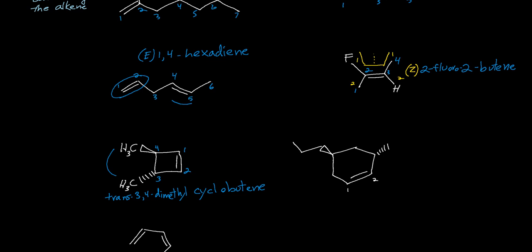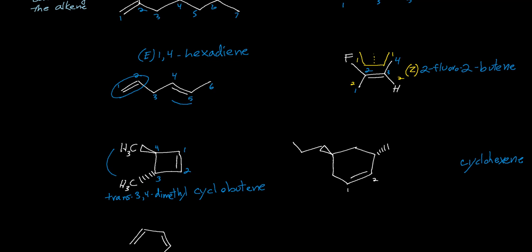Here's another molecule that has trans groups on it. It's a cyclohexene. Always start with the parent name first. Cyclohexene.